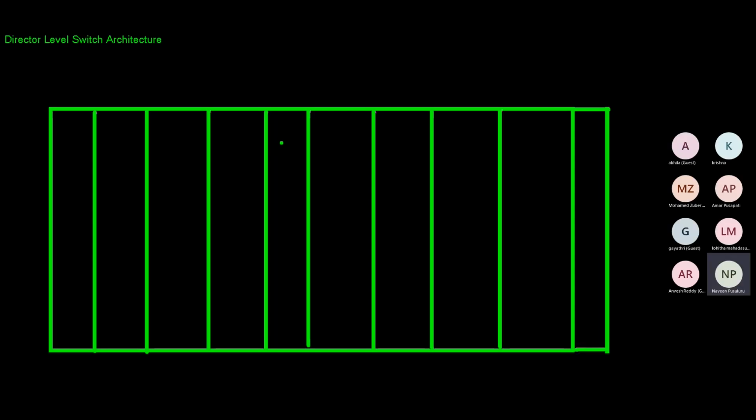Okay, like this. So out of them, two blades will be... we will call these blades. The entire thing is a cage kind of thing, and inside the cage there will be blades. Out of these two blades, we'll call them SP blades or CP blades, that is, service processor or control processor blades.